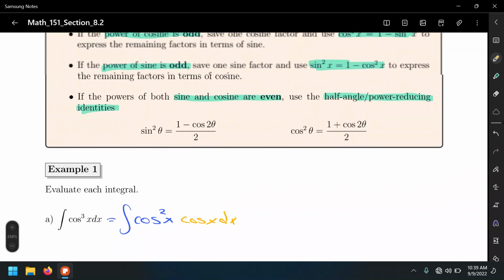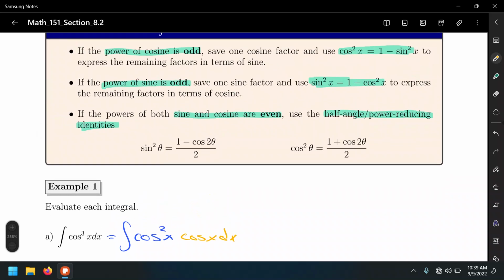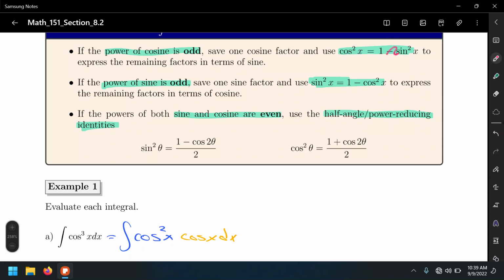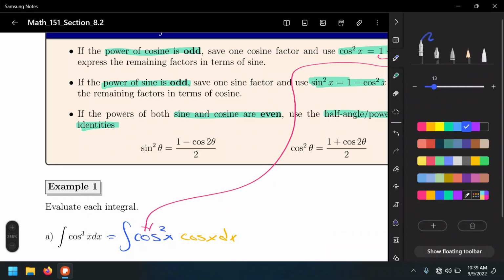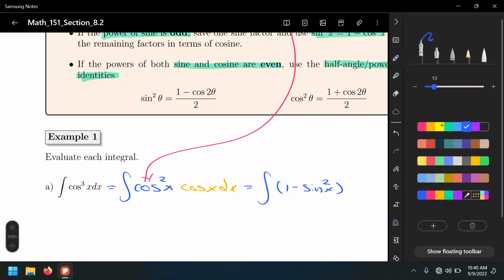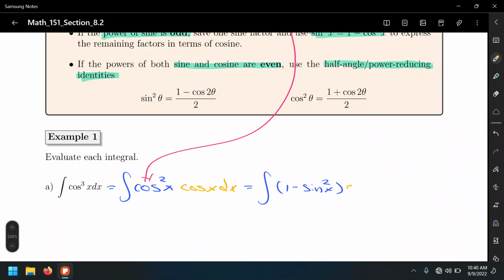From there, we are going to substitute cosine squared with 1 minus sine squared. That is, this identity will be used here. So we will replace cosine squared with 1 minus sine squared, that is, the integral of 1 minus sine squared x times cosine x dx.